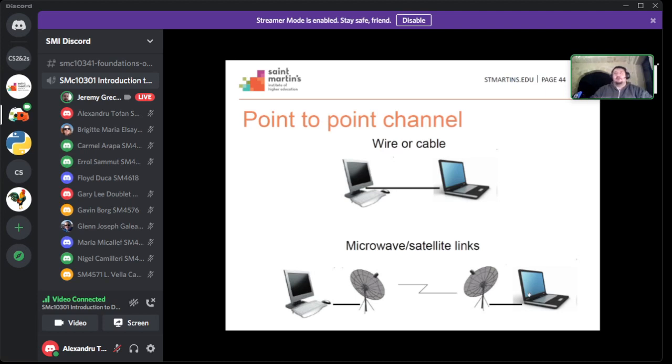And therefore, you are sending from your source to your destination. That is still a point-to-point channel, because you are sending your data from one device, and its expected destination is on another device.